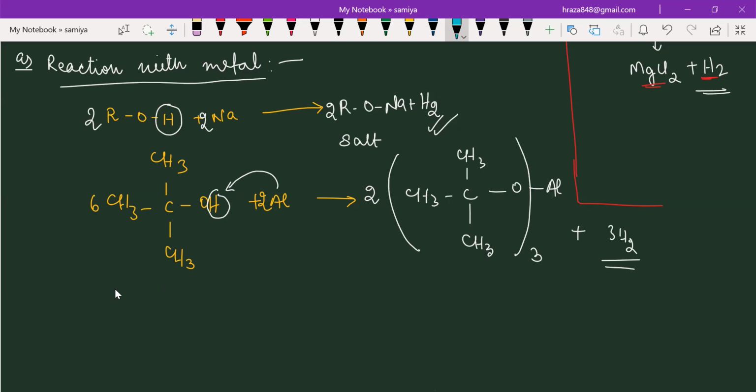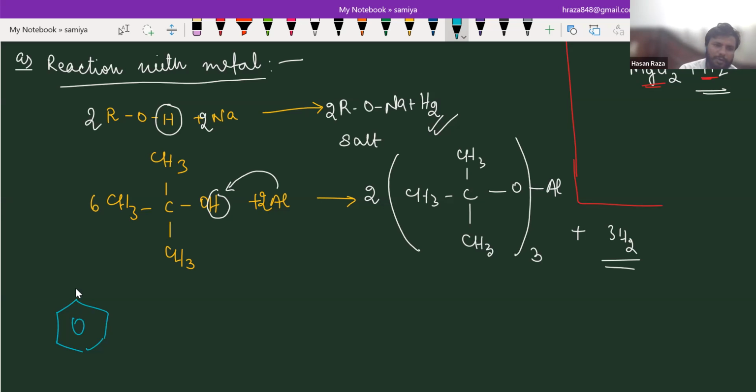Okay, now see alcohols. We just saw the alcohol's acidity. Now, basically, the phenols also react in the same manner. If you have this phenol and you are going to react this with sodium, what you need to do? Just replace this H with Na.